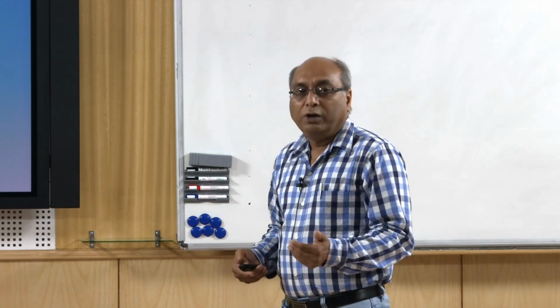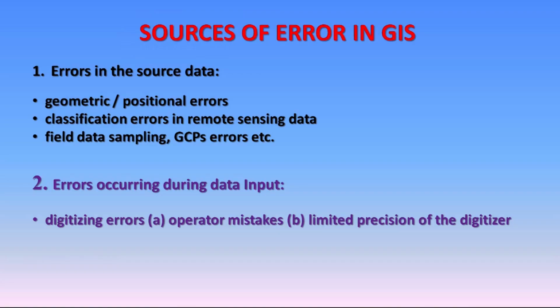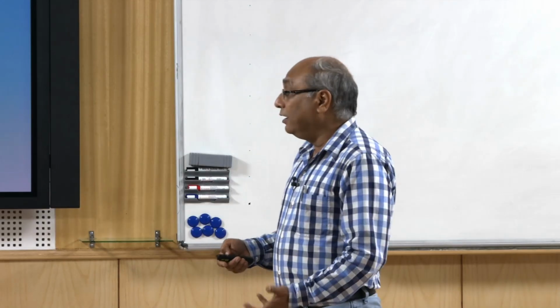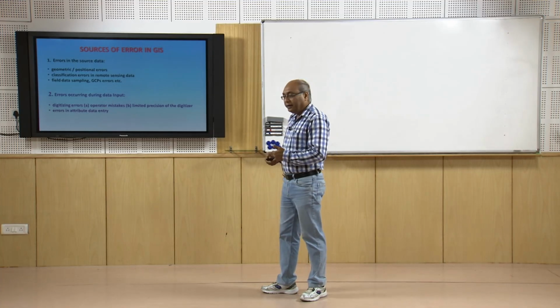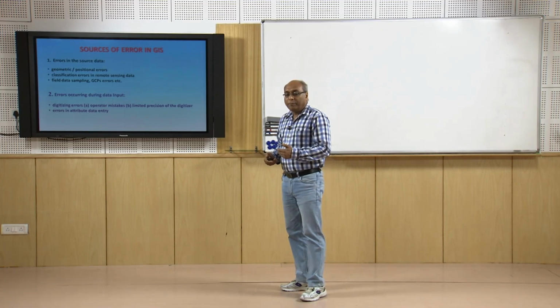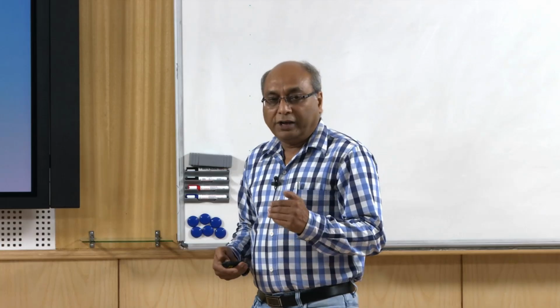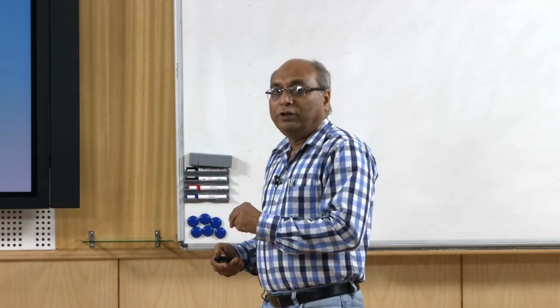So one has to take care of that. Errors in attribute data entry: while typing attributes in a table, if a wrong value or wrong name has been typed, that error will remain there. Anytime we detect that error, the best practice is to correct it immediately, then go to the next step.